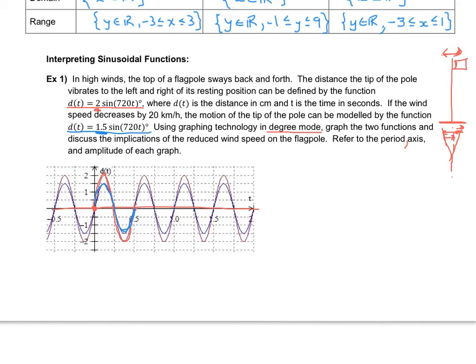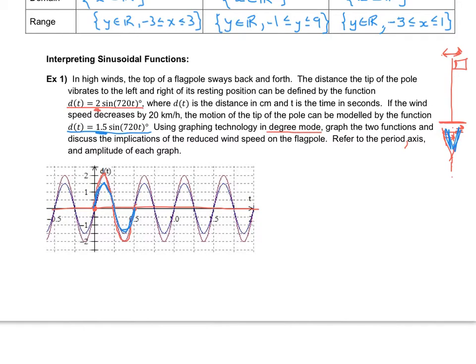The difference when the wind slows down is how far to the left and the right it goes. So the amplitude decreased to only 1.5 in the blue graph versus the 2 in the original graph. So it's only going 1.5 to the left and to the right of the center. It's not vibrating quite as far to the left and right. So hopefully that's making sense.